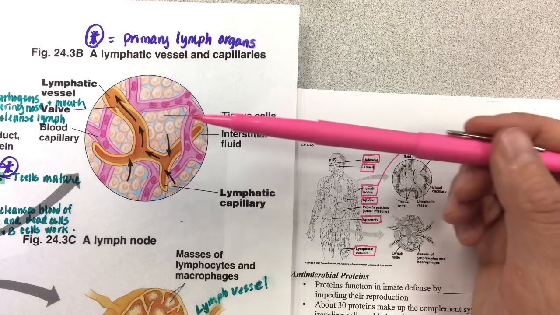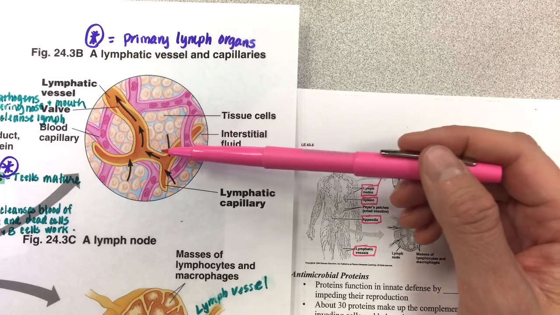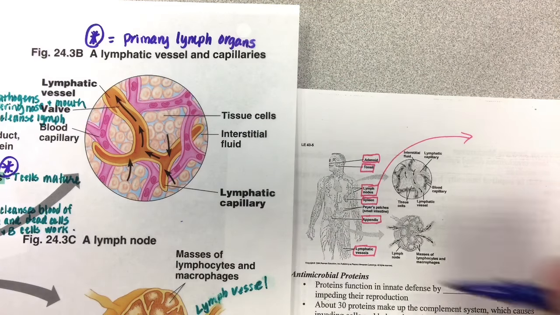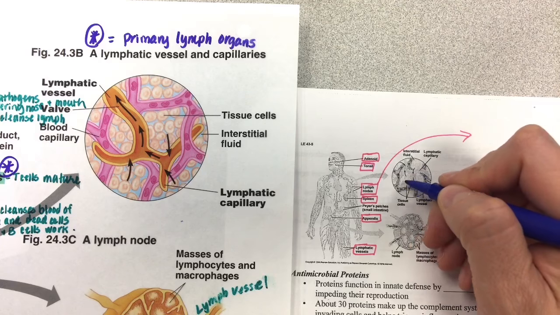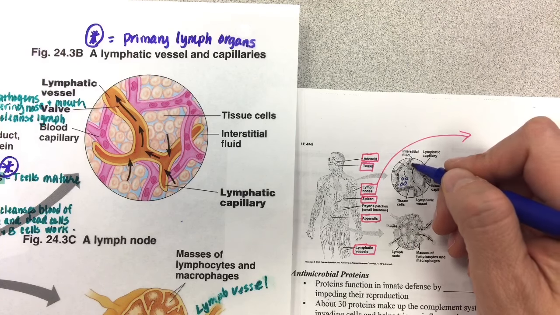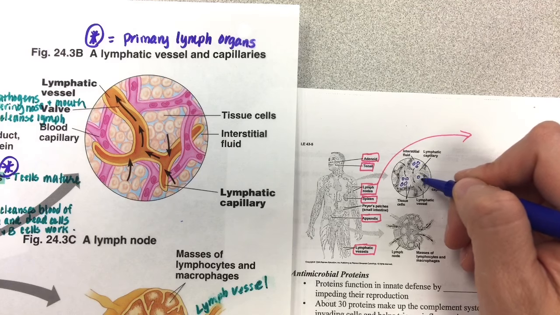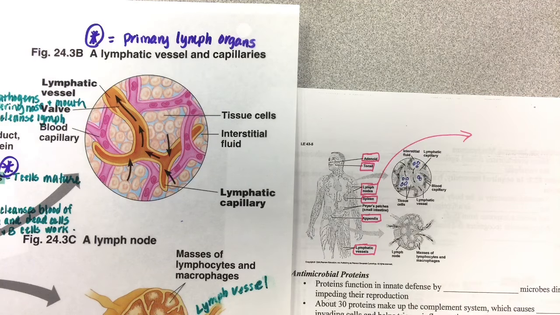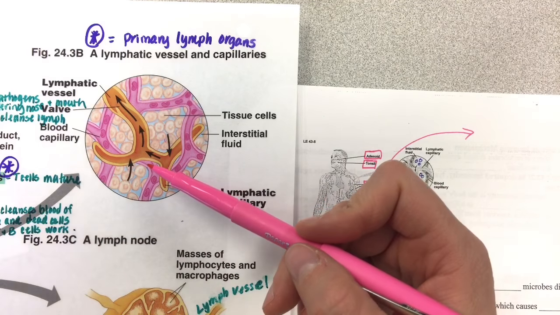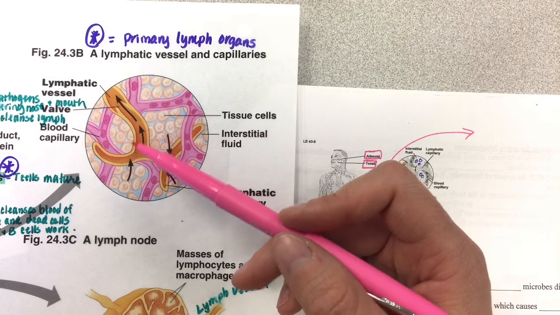So what happens is here are the cells of your tissues in your body. It's kind of hard to see those in this picture here, so in between there you can put some cells in there. So you have some cells like that. That's what this picture here is showing you. And this is figure 24.3 in your book as well.